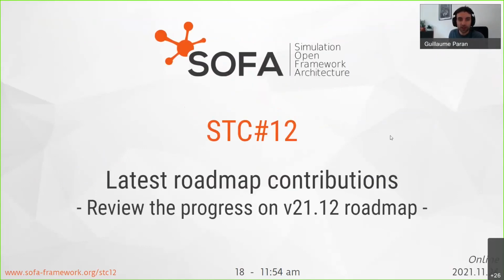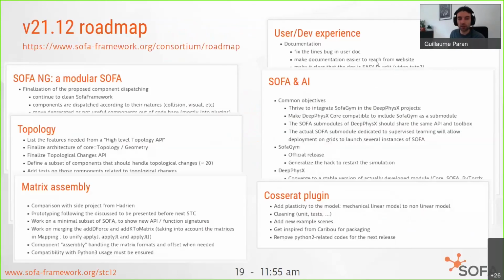So I'd like to move on now to the next part of our morning, and actually the last for the morning. It is the review of the progress that has been made for the 2112 release. The 2112 roadmap was quite large.